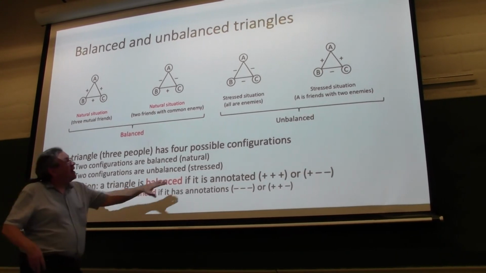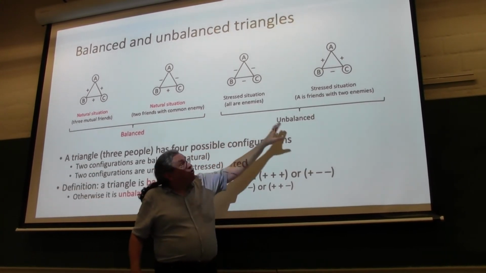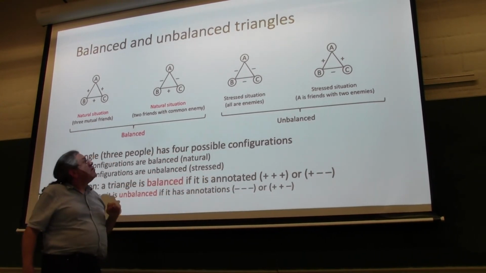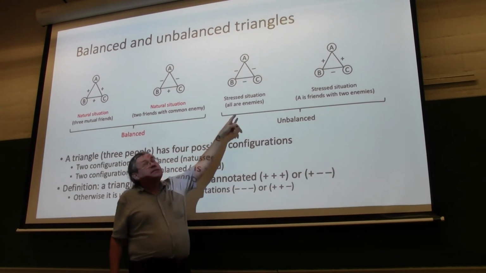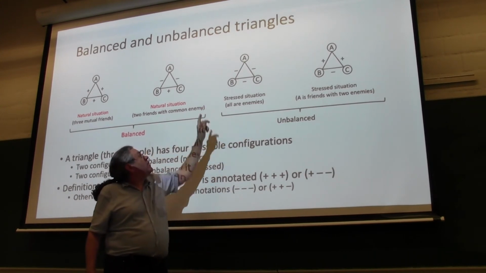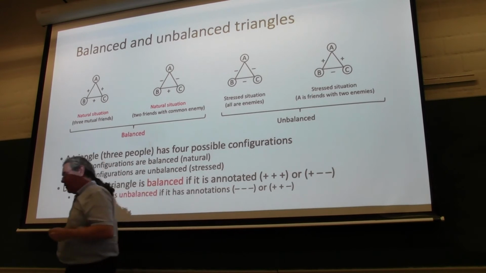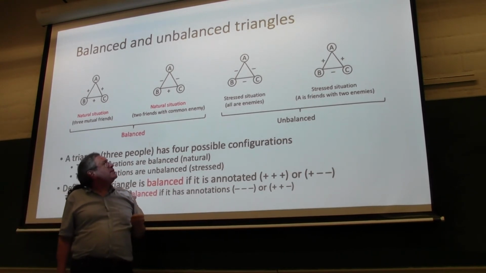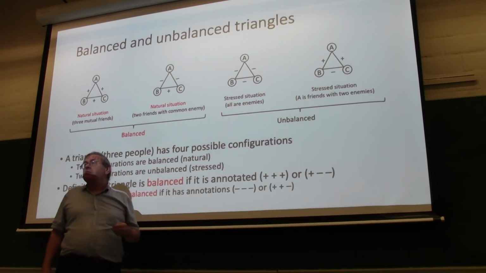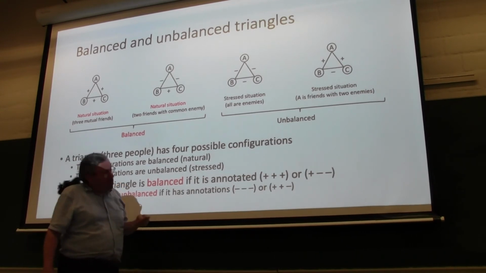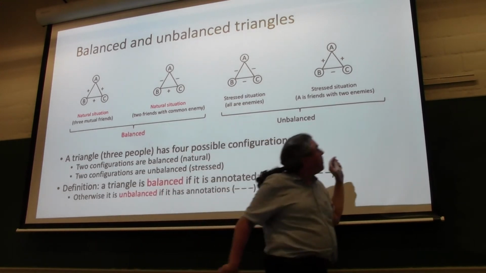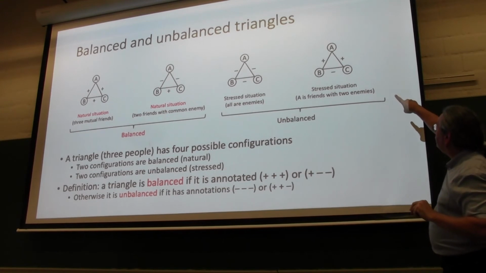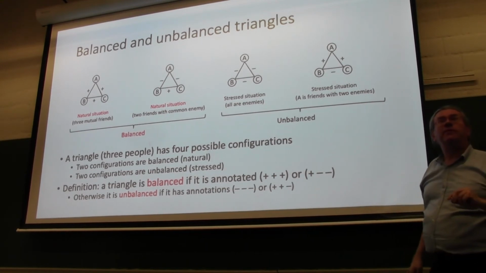Now on the right side, there are two more situations. And these are not so balanced. For example, when everybody is an enemy, and there are all three of them, that's kind of stressful. So many enemies. B is an enemy of A and C. C is also an enemy of A and B. No friends in sight. But the final one is an interesting one. A is friends with B, and A is friends with C, but B and C are enemies.